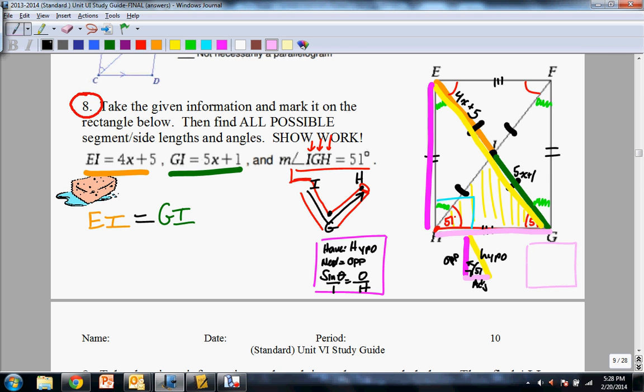And for the light pink, you're going to have, again, the hypo. But you're going to need, this time, the adjacent. And it's an AH combo, so that's ka, like a crow. Cosine theta over 1 equals adjacent over hypo. So in order to get these on the outside, you have to use SOHCAHTOA.